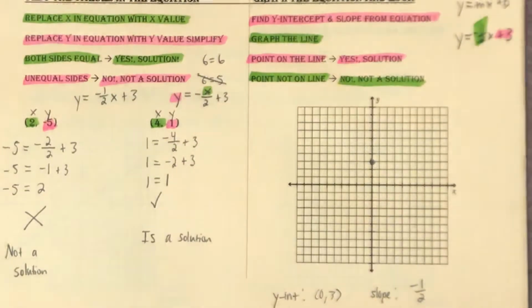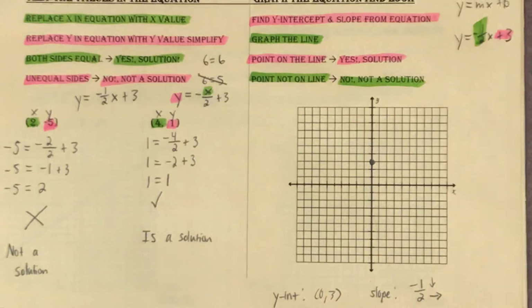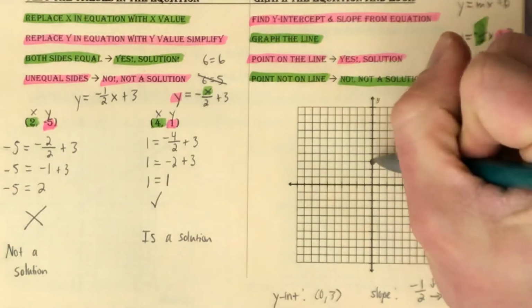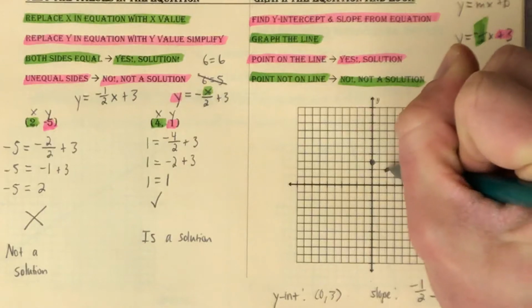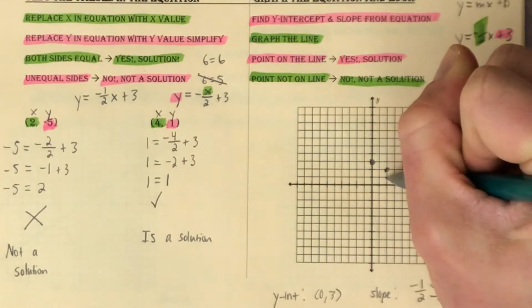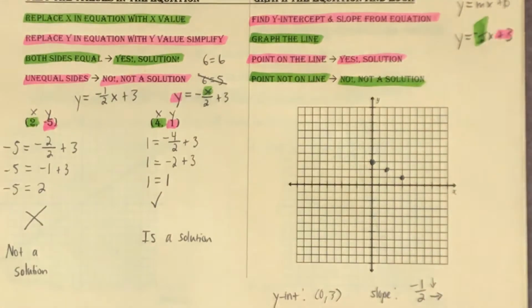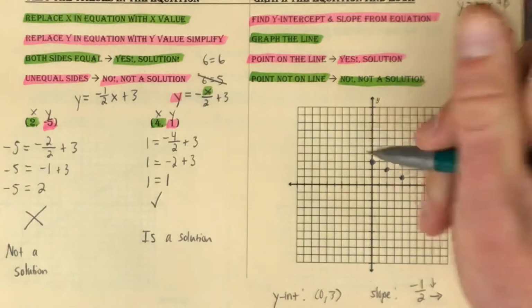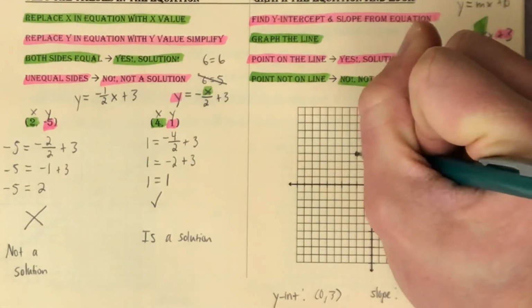Well, the -1 tells me to go down 1, and the 2 tells me to go right 2. So I'm going to go from the point I just graphed, down 1, right 2, and there's my next point. Then I'm going to do it again, down 1 and right 2. Now remember, if you were running out of space, you could also do the opposite of both of those movements. I could go up 1 and left 2, and that still is a point on my line.